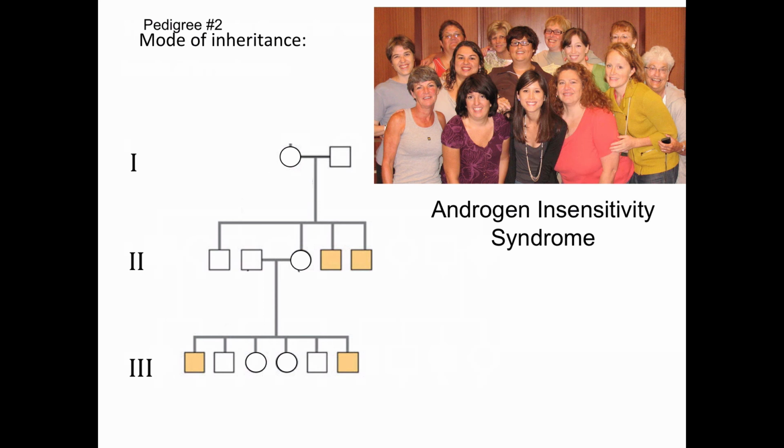Here's another one. This is a condition called androgen insensitivity syndrome, a situation where there is a loss of sensitivity to androgens, which are sex hormones. These people have a genetic mutation that makes them unable to respond normally to male hormones such as testosterone, which is an androgen.